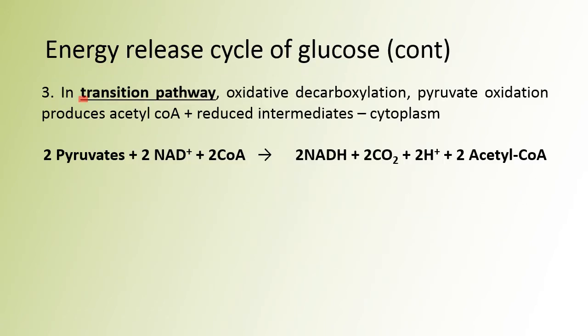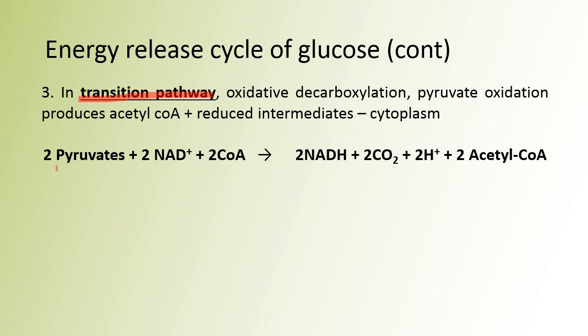Okay, the following pathway is the transition pathway, also known as the transition reaction. The transition pathway occurs between glycolysis and the citric acid cycle. Before the pyruvates from glycolysis can enter the citric acid cycle, they must undergo a transition reaction in the cytoplasm of the bacteria.